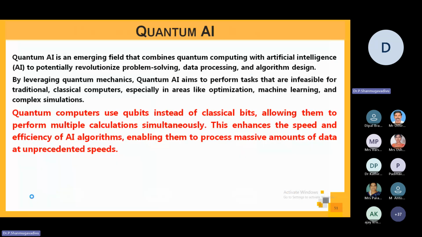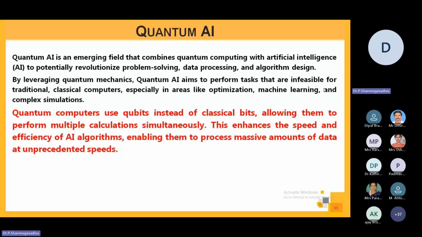Now quickly we'll go through quantum AI. Quantum AI is an emergence in the field that combines quantum computing with artificial intelligence to potentially revolutionize problem solving, right? Data processing and algorithm design. By leveraging quantum mechanics, quantum AI aims to perform tasks that are infeasible for traditional classical computers.